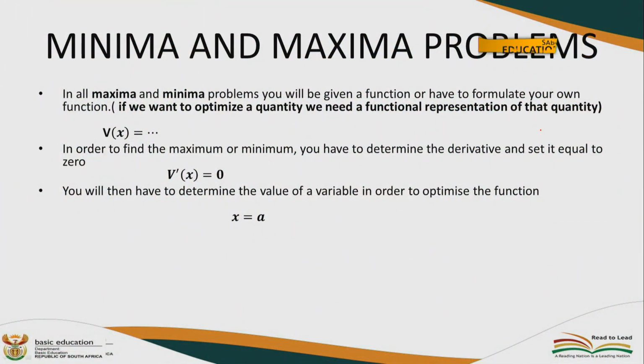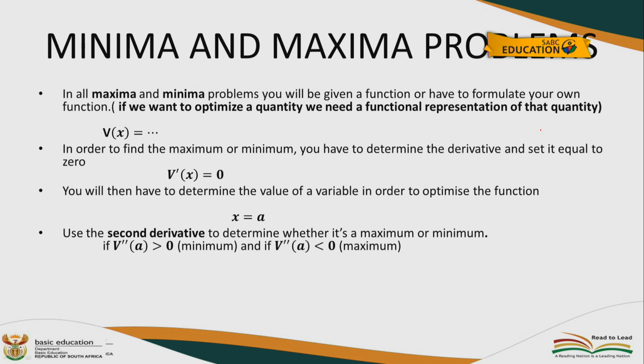Now, once we have done that, I know that the value of x where you are either going to have a minimum or maximum is equal to 2. But as it stands, I do not know whether my area is going to be a minimum or a maximum.